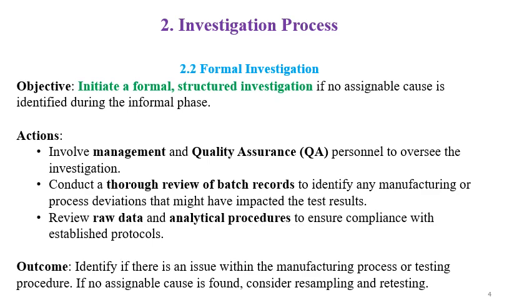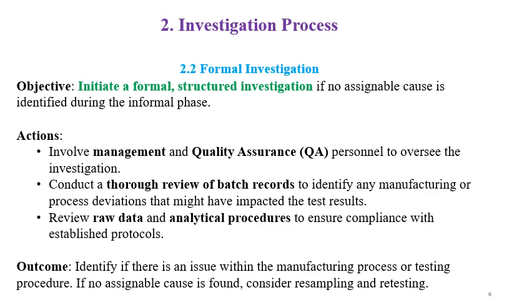Review raw data and analytical procedures to ensure compliance with the established protocols. The outcome of this will be to identify if there is an issue within the manufacturing process or testing procedure. If no assignable cause is found, consider resampling and retesting.